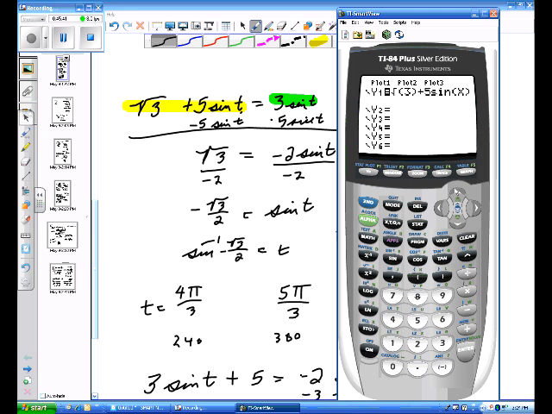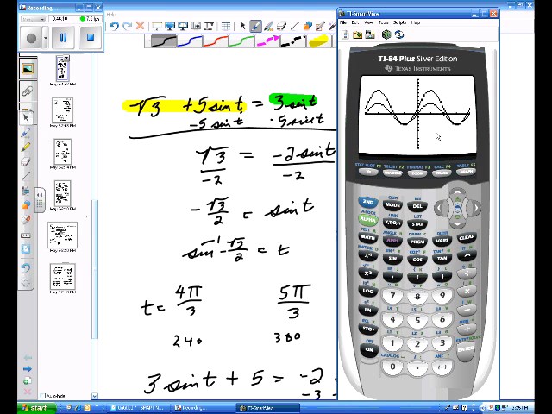For y sub 2, we're going to put in the right-hand side, 3 sine x. Then we will graph this. So there's the left-hand side. And here's the right-hand side.